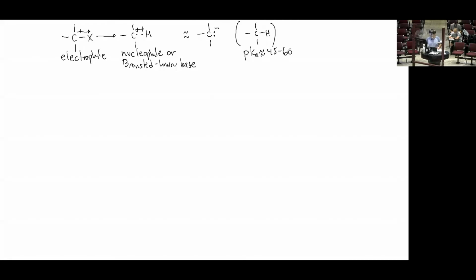So a species like this, depending on what else is attached, depending on the hybridization of carbon, is probably going to have a pKa in about the mid-40s to 60 and up. So these are very, very poor acids, very weak acids. That means their conjugate bases are going to be very, very strong bases. And if they can find a proton on something, they're going to grab that proton with all due haste.